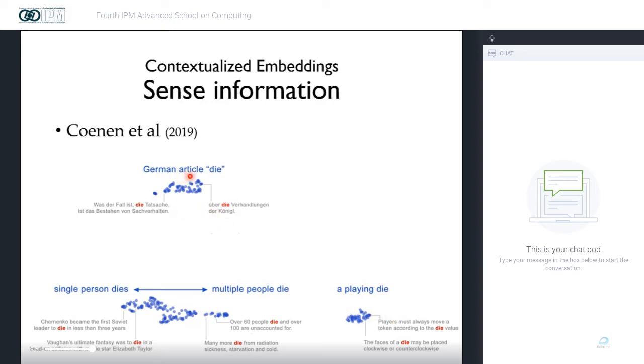So for example, for the German article die, we have some representations for the word appearing in context at this place in this semantic space.